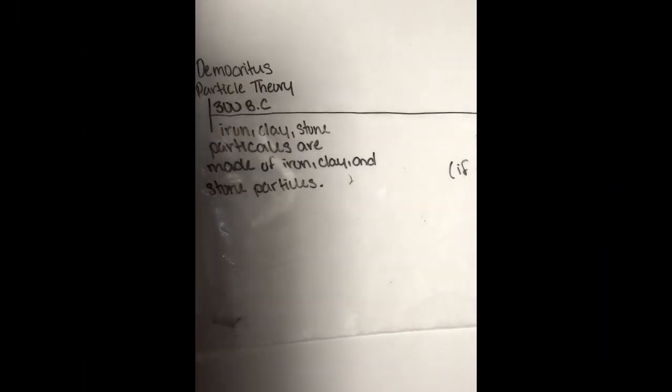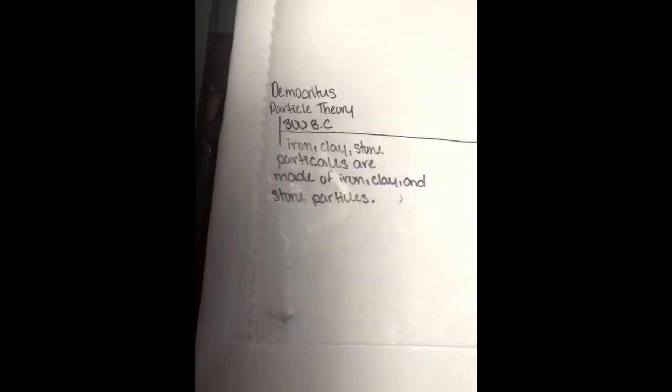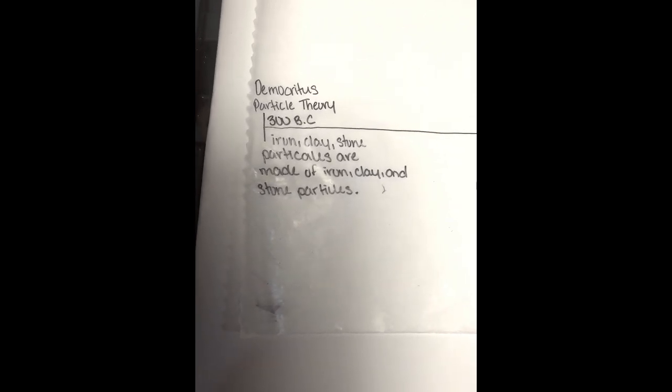The first step in the atomic theory history is Democritus's theory that iron, clay, and stone are made out of iron, clay, and stone particles. This was in 300 BC, and it was the basis of what we now know today as atoms. However, Democritus was not exactly correct.